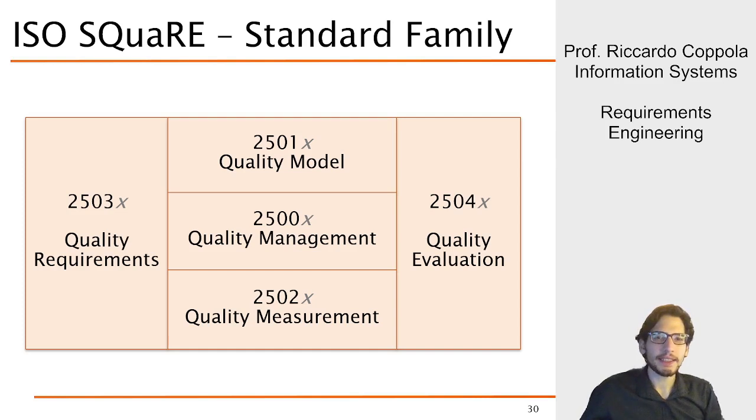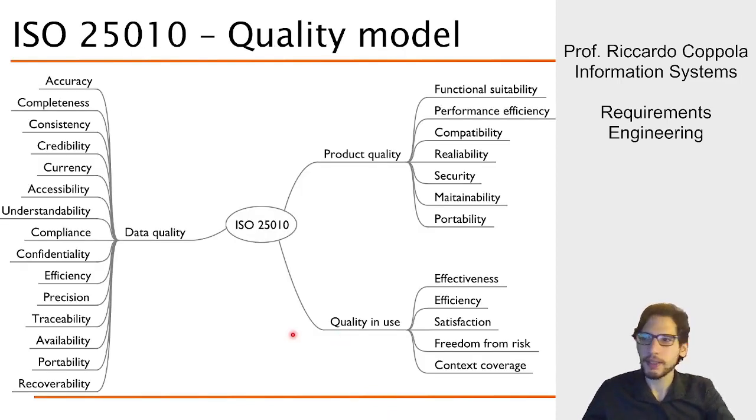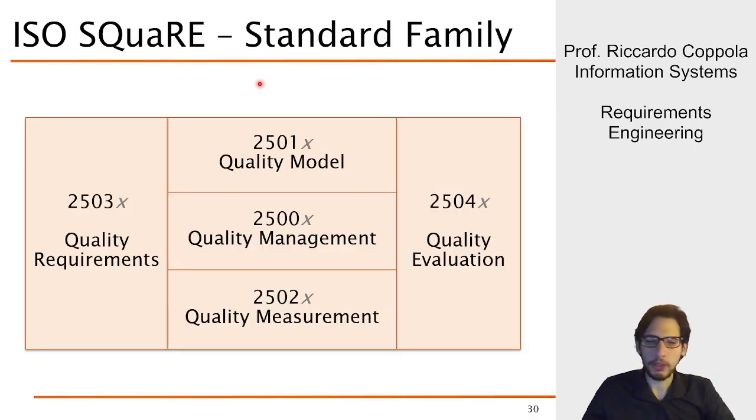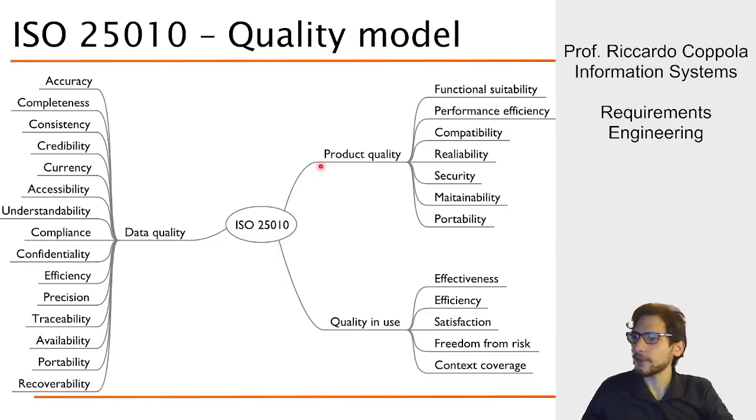There are many different components in the ISO standard. So they define how to write down quality requirements, how to evaluate quality, how to manage quality, and how to measure quality, of course.